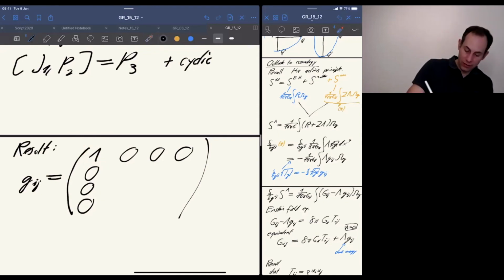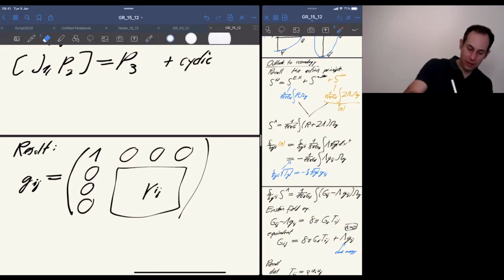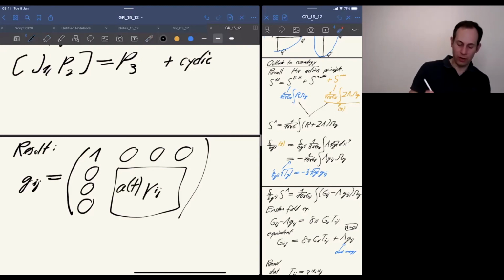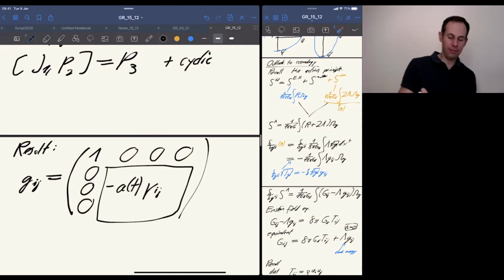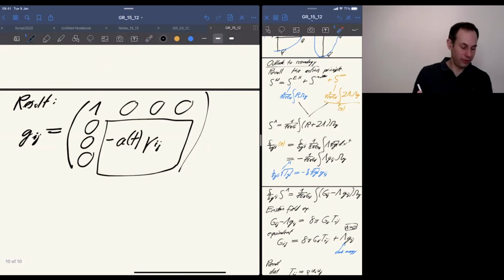And then there is another matrix called gamma ij. This matrix depends on a scale factor, denoted by A, which may change in time. And in our convention, we always put the spatial matrix with a minus. It has to have this form.